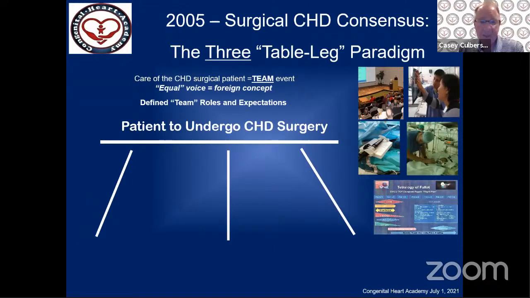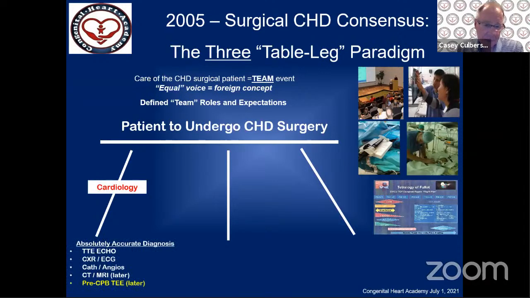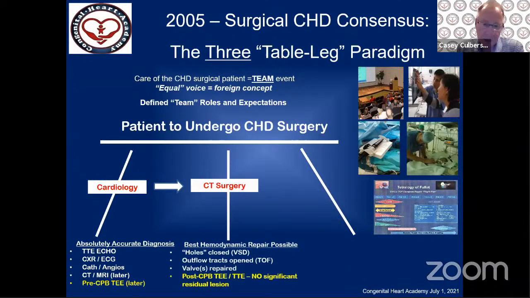So we ended up defining team roles and expectations. For the cardiologist, you had to have the absolute accurate diagnosis before the child went to surgery. So that was the synthesis of echo, x-ray, cath, angio, CT, and MRI later. And then actually at some point we got a TE probe and that helped. That then passed on to the CT surgeon who had to make the best hemodynamic repair possible.